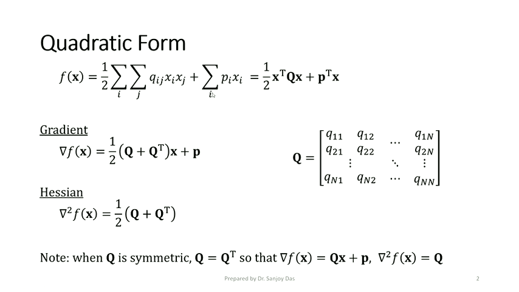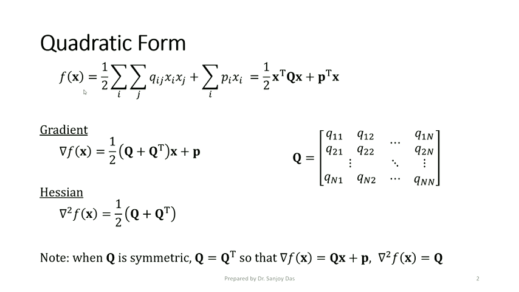Note that this summation pi, xi is the inner product of p and x, and that can also be represented as x transpose p. Another way of looking at it is p transpose x is a scalar, right? So take the transpose of a scalar. What do you get? x transpose p.